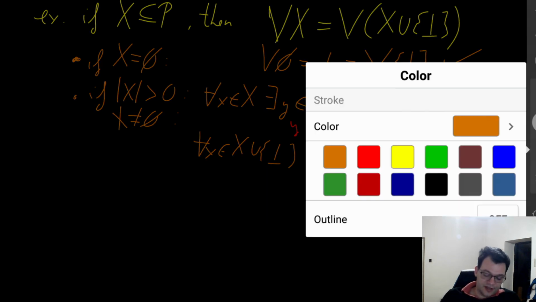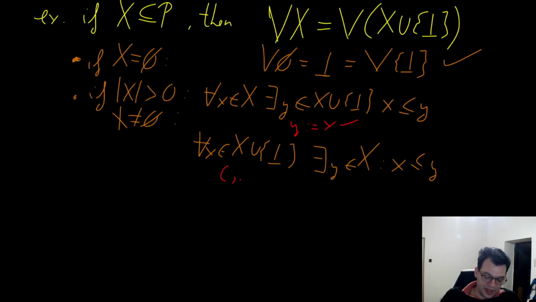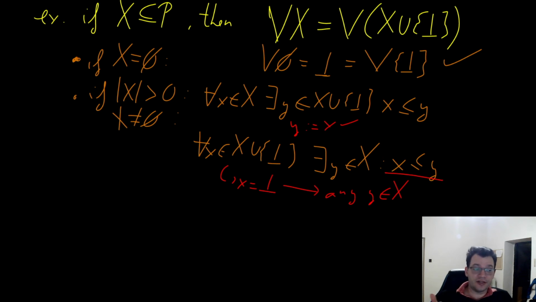because there are two cases now. If X is the bottom element, then any element of the set is fine, because the bottom element will satisfy this relation with anything on the right hand side. So you choose one element Y, and this is where it's important that X is not the empty set, which is why it was treated differently.